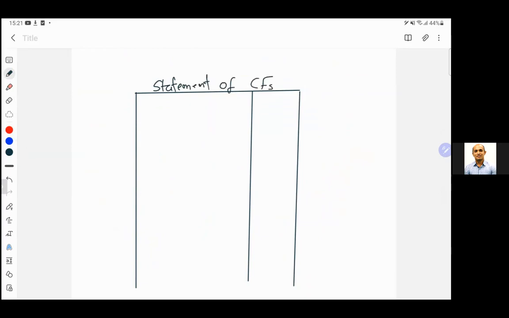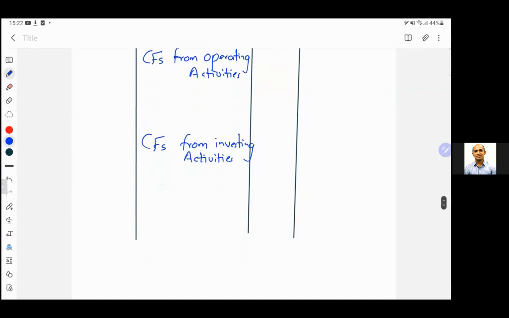Can you remember, in the statement of cash flows you have three categories of cash flows. What are those three categories? Cash flows from operating activities, then cash flows from investing activities, and the third one, cash flows from financing activities.